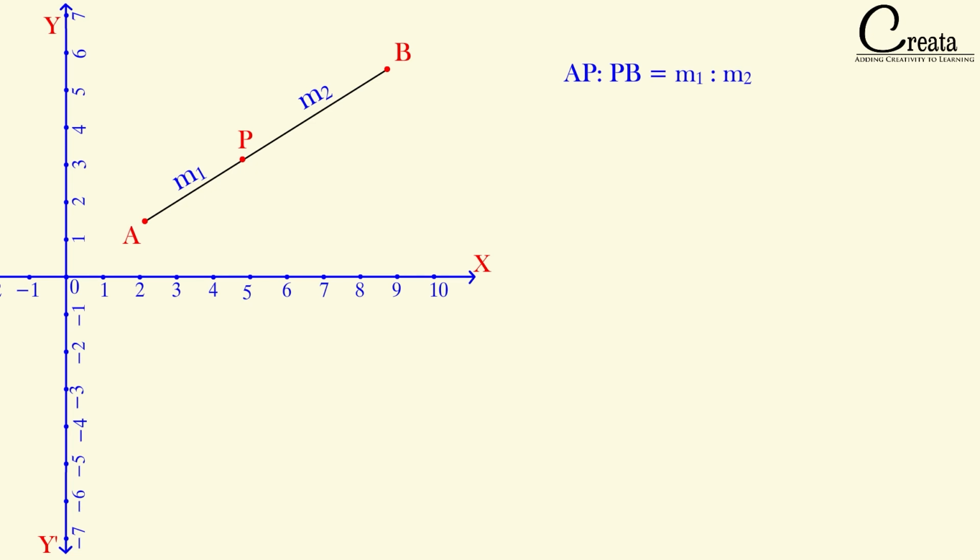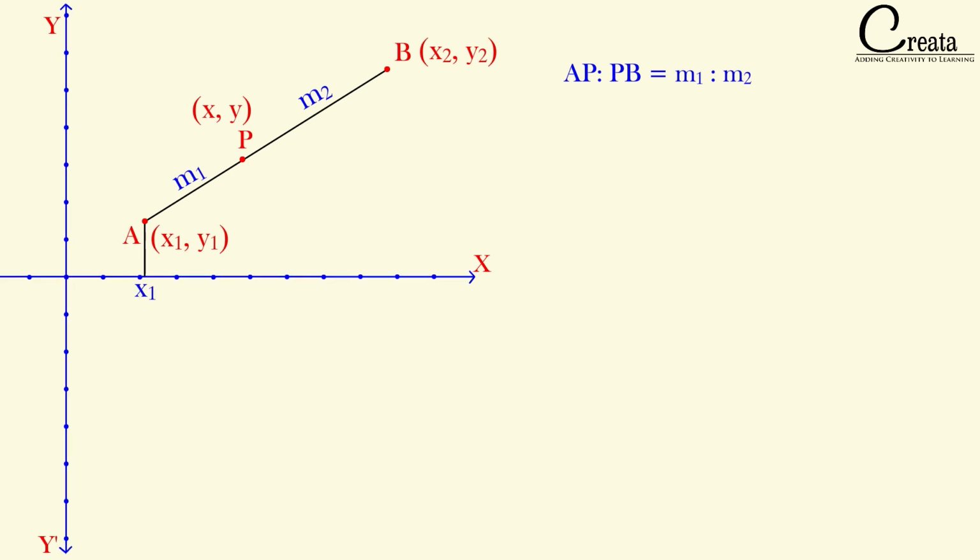Let's assume the coordinates of point A as (x1, y1) and the coordinates of point B as (x2, y2). And let's assume the coordinates of point P as (x, y). In the section formula, we have to find the coordinates (x, y), that is, the coordinates of the point P. The coordinates of point A are (x1, y1), meaning the x coordinate of point A is x1 and the y coordinate is y1.